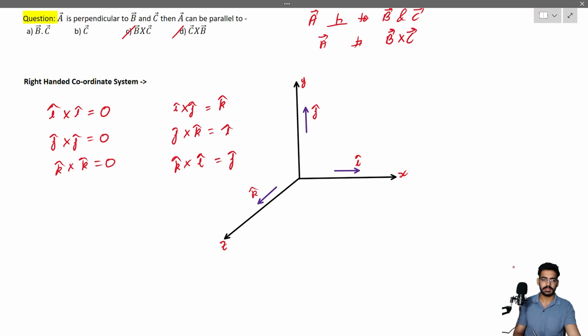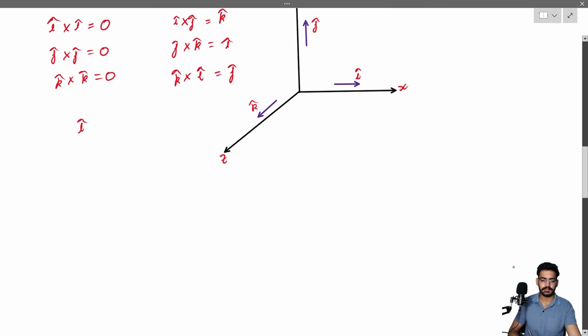How do we remember this? i cross j is k, and j cross k is i, and k cross i is j. Just write it down in this form: i cap, j, and k. So this one thing you can remember at least, i cross j is k, so this is your positive sense. Understood?